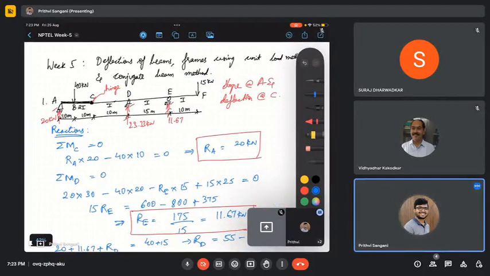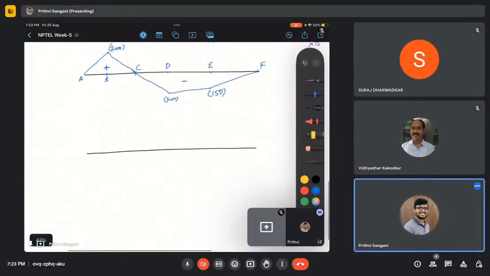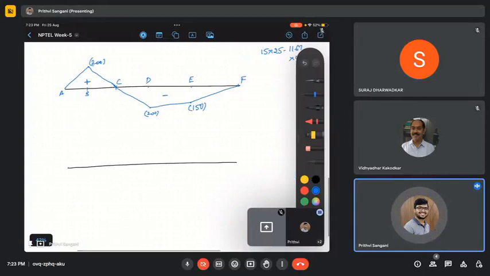So that M by EI diagram will be 200 by 2EI, that is 100 by EI. And here it is 0. This is 100 by EI.